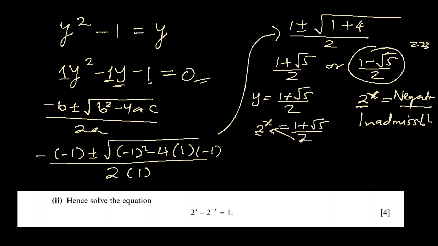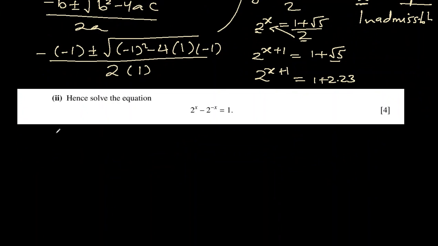Since both of them are 2's, we can write 2 to the power x plus 1 equal to 1 plus square root 5. As I told you, square root 5 is 2.23, to three significant figures. So 2 to the power x plus 1 will be 1 plus 2.23. And let's continue it down there. So 2 to the power x plus 1 equal to 3.23.